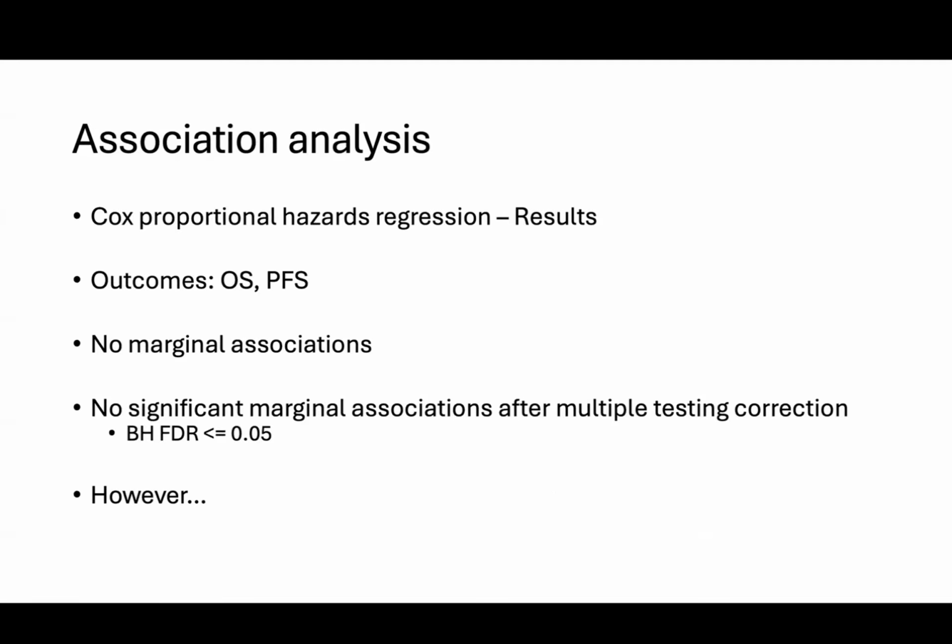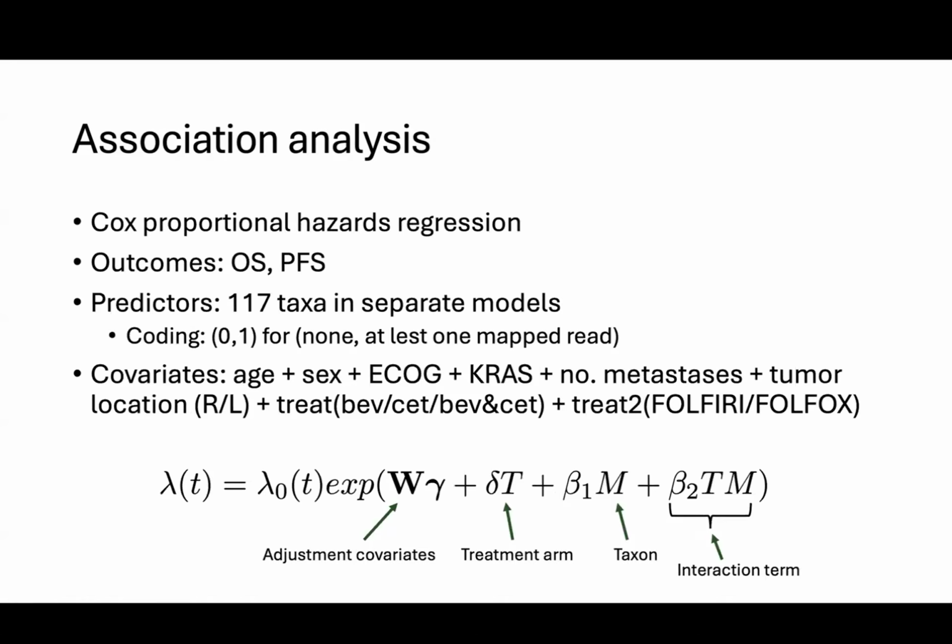So initially that was a little bit of a disappointment, but then I looked at, well, maybe there's an interaction between bacteria levels for some of these taxa and treatments. So it could be that a taxon is important in one treatment but not another, or has a positive effect in treatment A and a negative effect in treatment B.